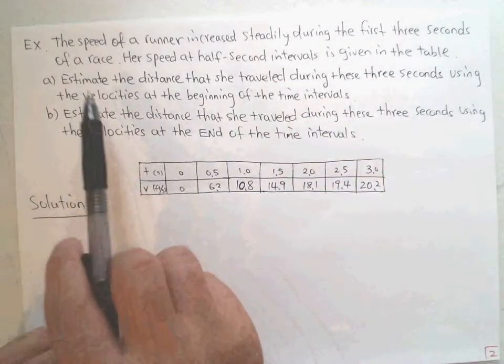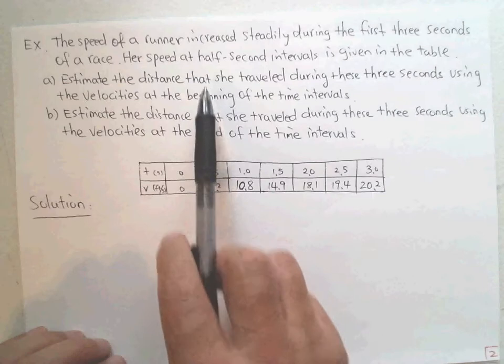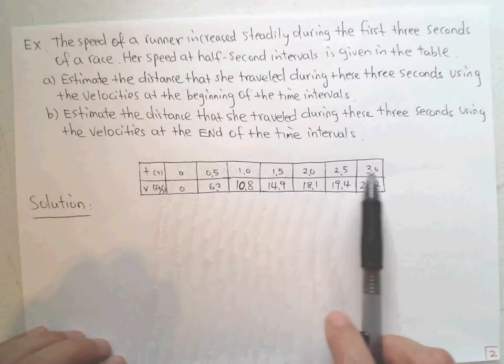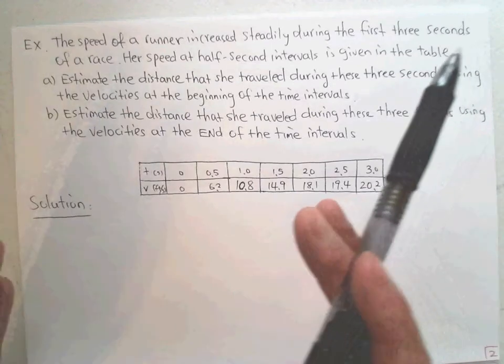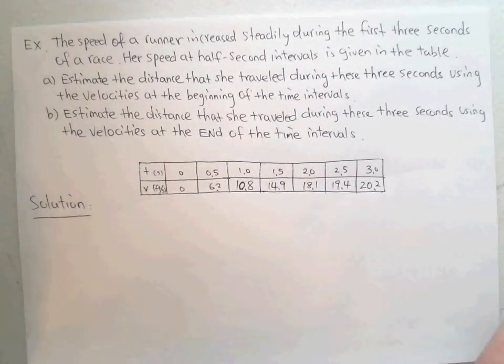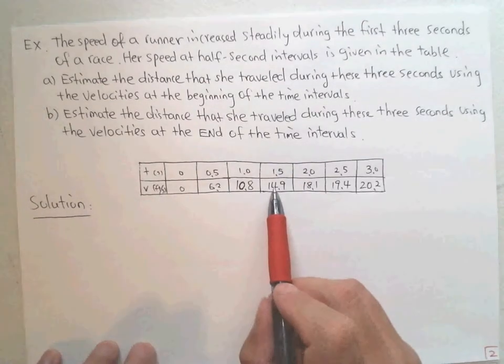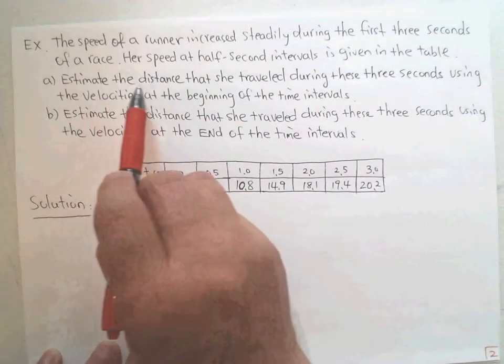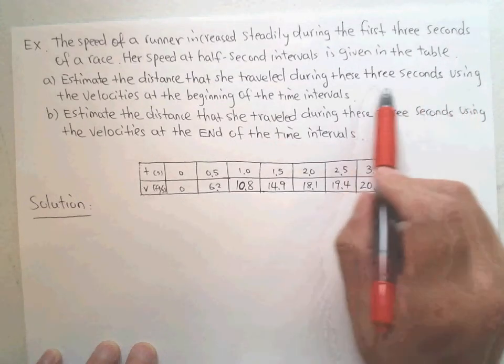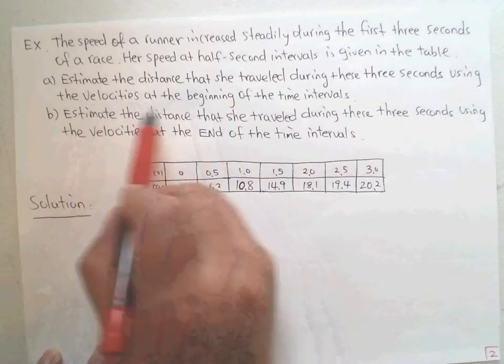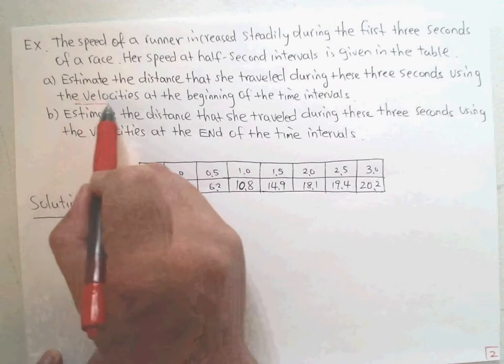So we have to use the method we just developed to estimate the distance during the first 3 seconds. How far does the runner run during the first 3 seconds? Two questions. This is discrete data. The first is to estimate the distance traveled during the first 3 seconds using the velocity.